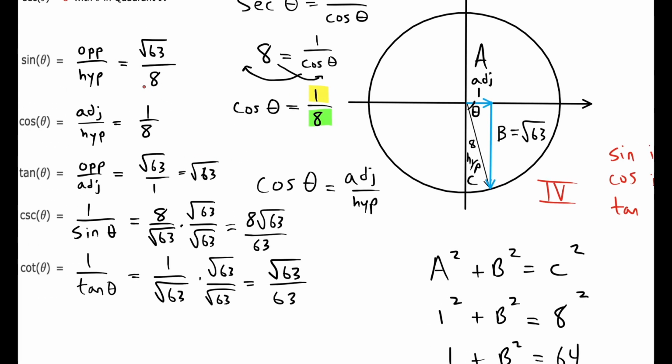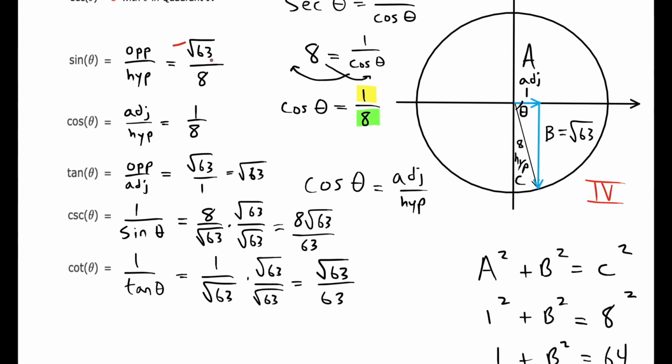So sine needs to be negative, cosine's positive, tan is negative. Cosecant came from sine, and sine was negative, so cosecant's going to be negative too. And cotangent was derived from tangent, and that was negative, so cotangent should be negative too.